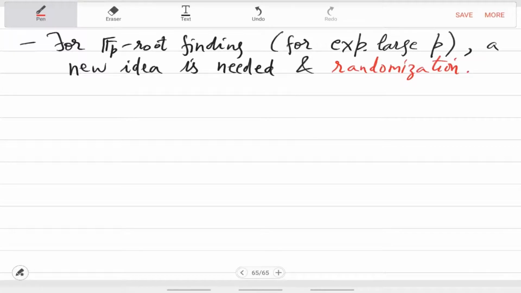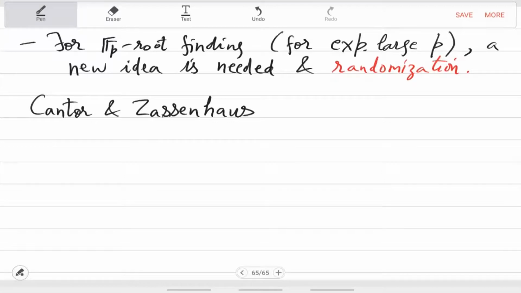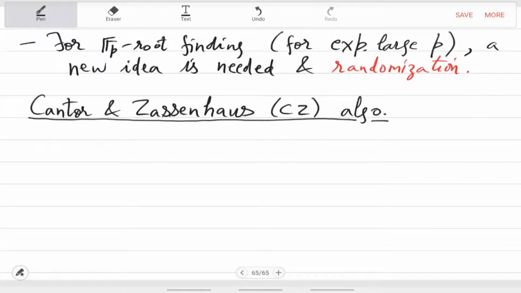This is essentially one fundamental algorithm, and it is called Cantor-Zassenhaus. It was given by Cantor and Zassenhaus, so we'll call it CZ. We have to develop a few concepts in prime fields before we can describe this.